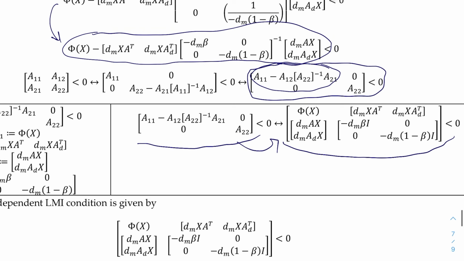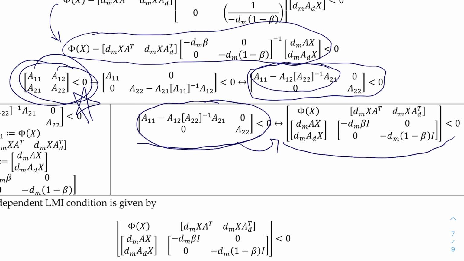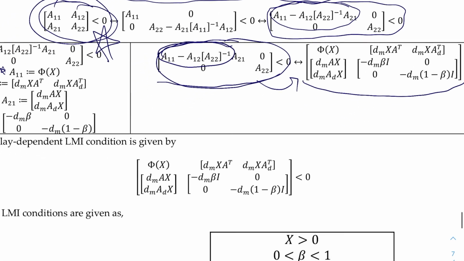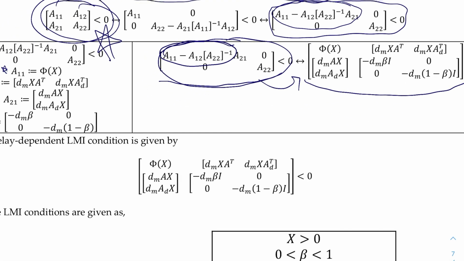And that comes from this expression, by the way. Since we have that, we can also write this, and this is a lot simpler, right? Because this expression is quadratic, it's not linear, and we like to have linear terms. That's why the Schur complement technique really makes things easier, right?